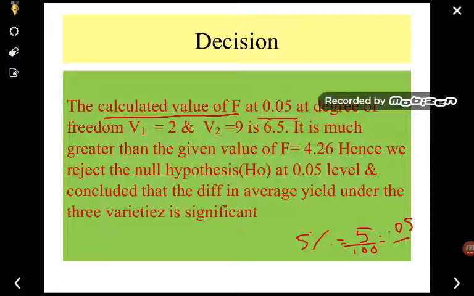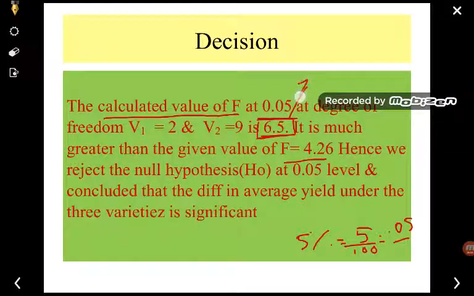So the calculated value of F at 0.05, at degrees of freedom V1 equal to 2 and V2 equal to 9, is 6.5. We know that it is much greater than the given value, that is 4.26.